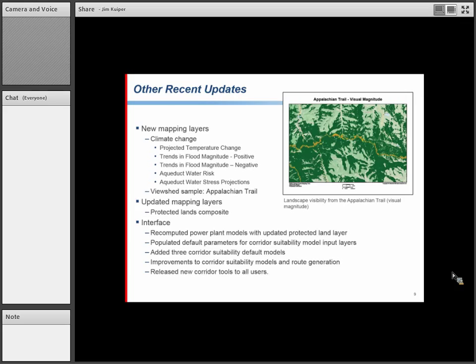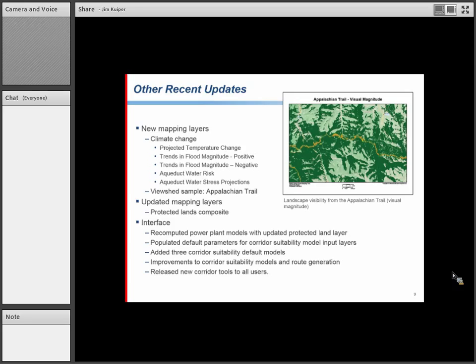What this algorithm does is not only do that, but it takes into account how dominant the feature is in the terrain. Is it facing you like a cliff face, or is it just a gradual slope in the distance? So it takes proximity and the relative angle into account to generate visual magnitude.